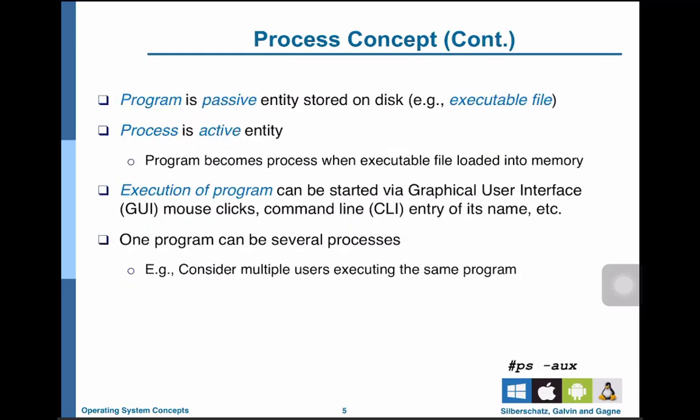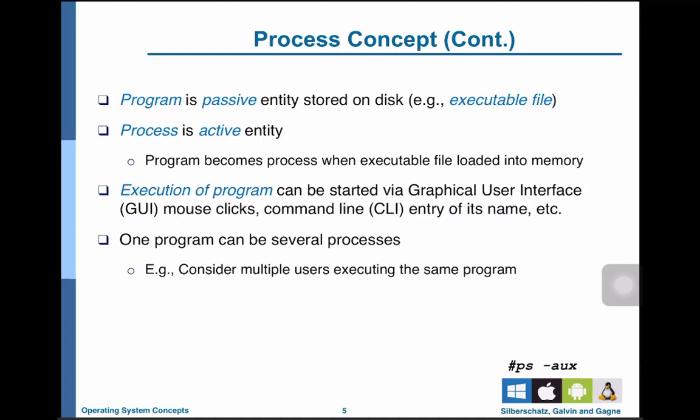So here we can say that a program is a passive entity, such as an executable file stored on the disk. A process is an active entity when the executable file is loaded in memory.